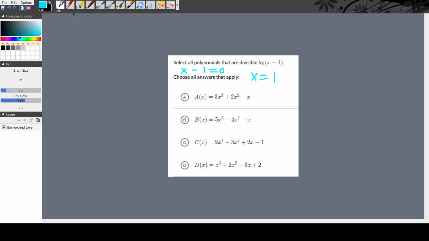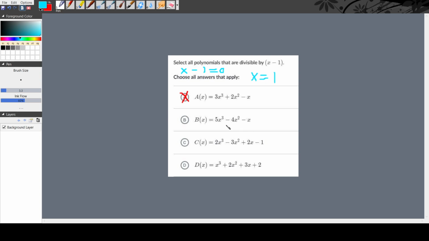So we're gonna use a red marker. Okay, so 5x cubed minus 4x squared minus x. Let's try this.